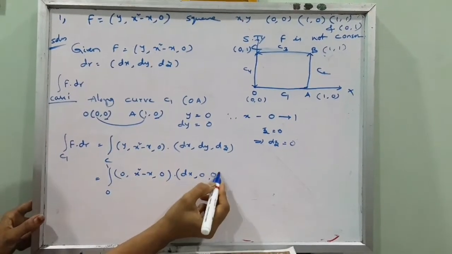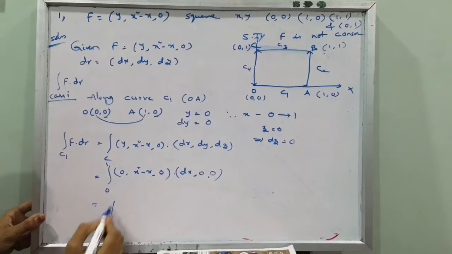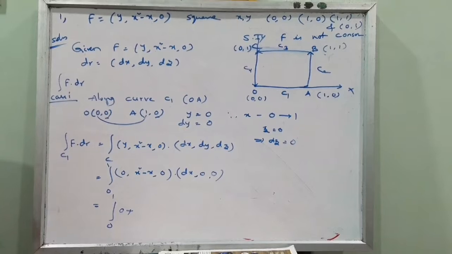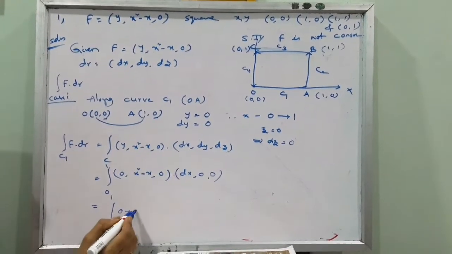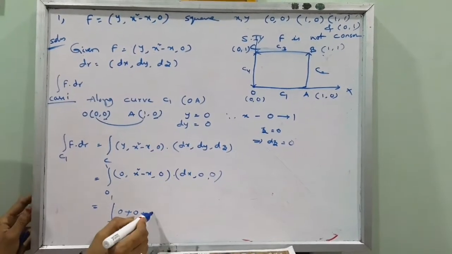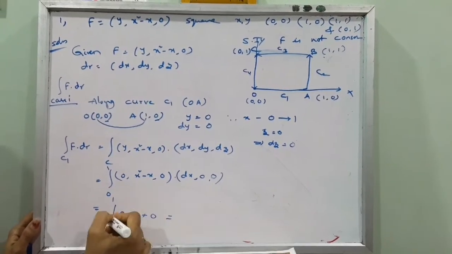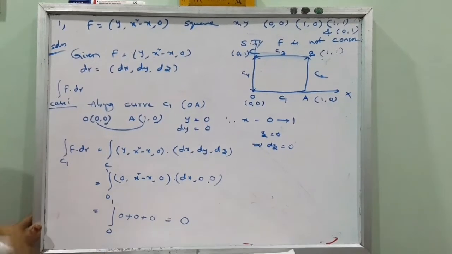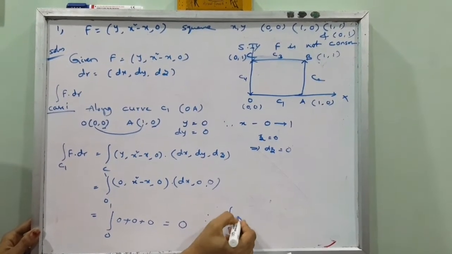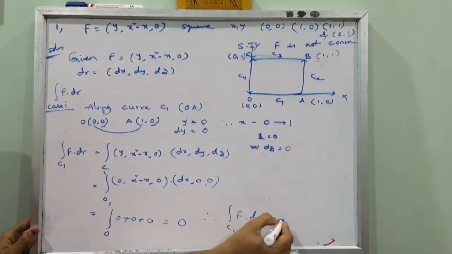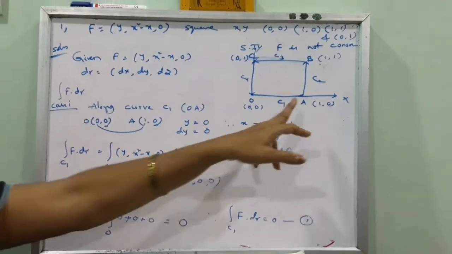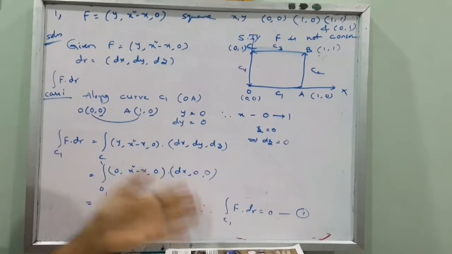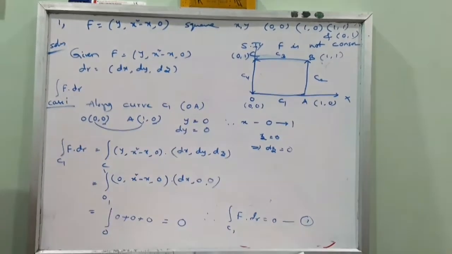The dot product is 0·dx + (x² − x)·0 + 0·0 = 0, so the total integral is 0. Therefore, the integral over C1 of F dot dr is equal to 0. Equation 1. Similarly, you can find along AB, along BC, along CO, and then over all curves C1 plus C2 plus C3 plus C4.